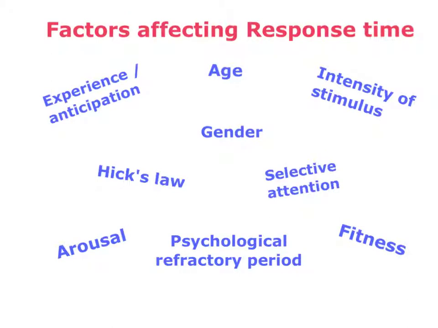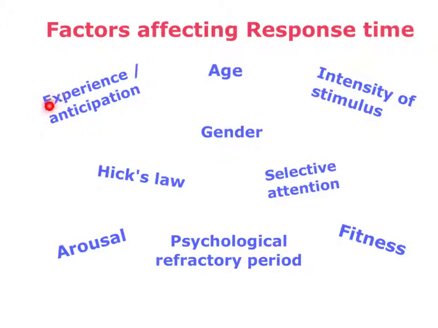Lots of factors affect your response time. These could be things you might not be able to do anything about, like your age. I think it's obvious that as we get older we get slower at responding. Gender, it's shown that males can respond quicker.